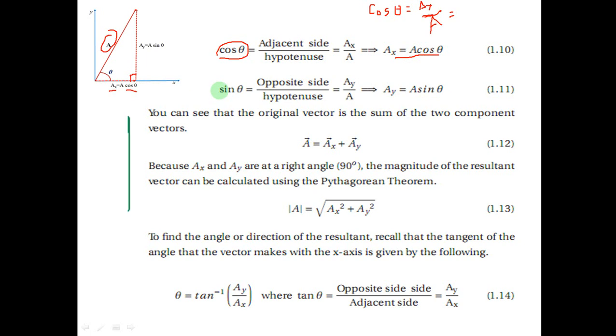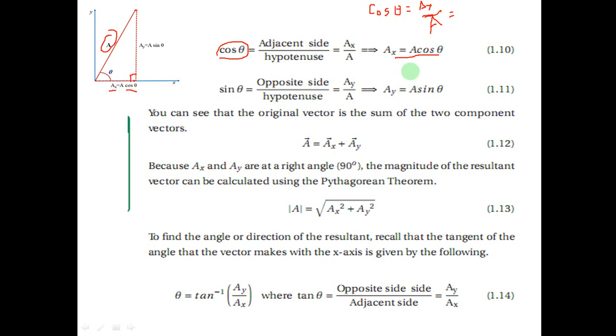Let's come again to the sine function. Sine means opposite side over hypotenuse. The opposite side here is ay, the side which is found opposite to the angle theta. So the opposite side is ay, and again the hypotenuse is a.